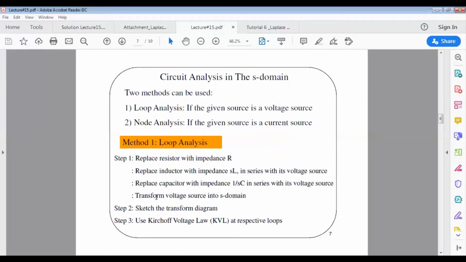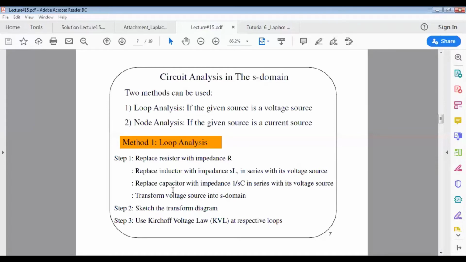All of these components need to be transformed into the S domain. For instance, the resistor is transformed into the impedance R, which has been learned in part 1 of this lecture. The inductor has the impedance of SL in series with a voltage source, and the capacitor has the impedance of 1 over SC in series with a voltage source also.